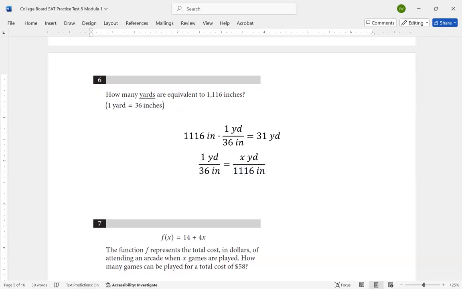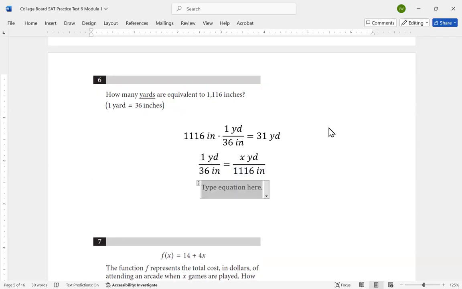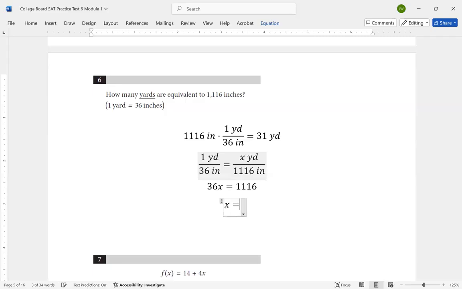So we can set up a ratio like that and then cross multiply: 36 times X on one side is equal to 1,116 times 1 on the other. Dividing both sides by 36, you get X is equal to 31 once again.